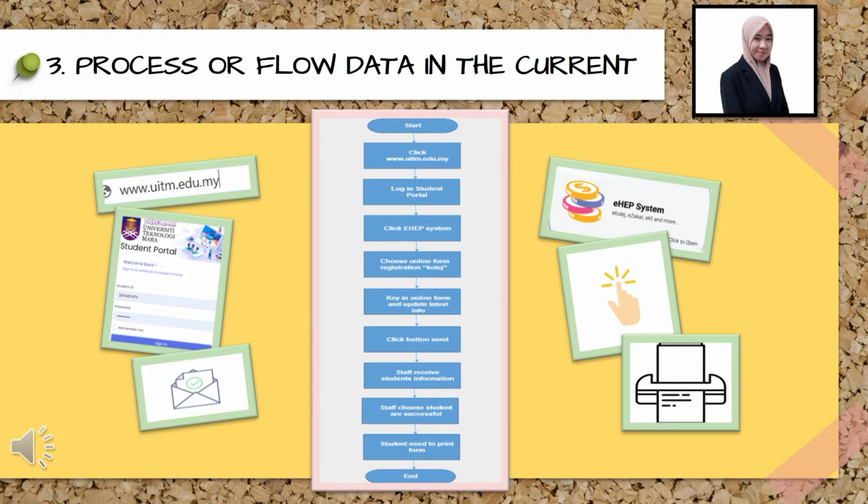Click the eHCP system and choose the online college registration form. Students must key in their online form and update the latest information, and then click the send button. The staff will receive all the student information and will choose the students who successfully get a college. Students who successfully get a college will need to print out the form.